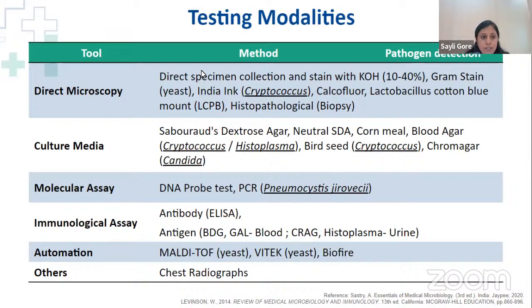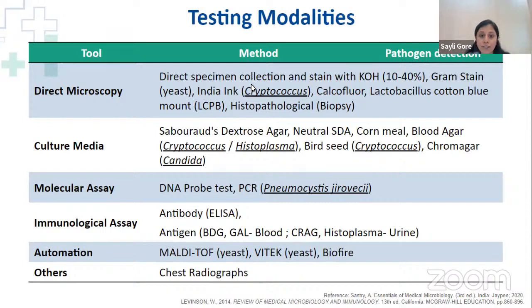First is direct microscopy. Here, the specimen is directly collected and stained with different kinds of stains, such as potassium hydroxide, 10 to 40%. The 40% is usually used to identify nail fungal organisms. Then Gram stain is used to identify yeast.